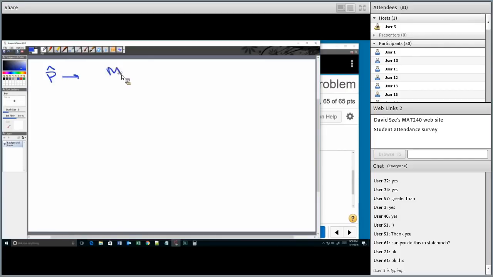Obviously we need a mean and we need a standard deviation, right? Because for a normal distribution, we always need these two. So here's what you have to remember. Whenever you have a proportion distribution, then your mean is simply equal to p hat, whatever proportion you have in the problem. Like in this case, we have 40%. Then the mean of the normal distribution will be 40%. Okay, so in this case, it's going to be 0.40.